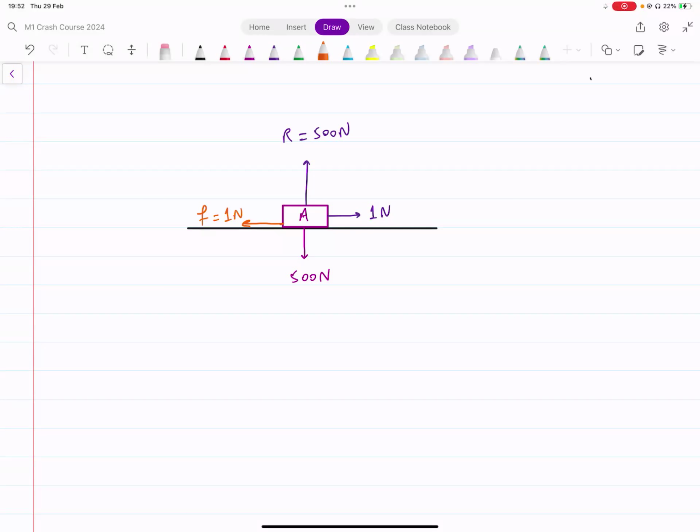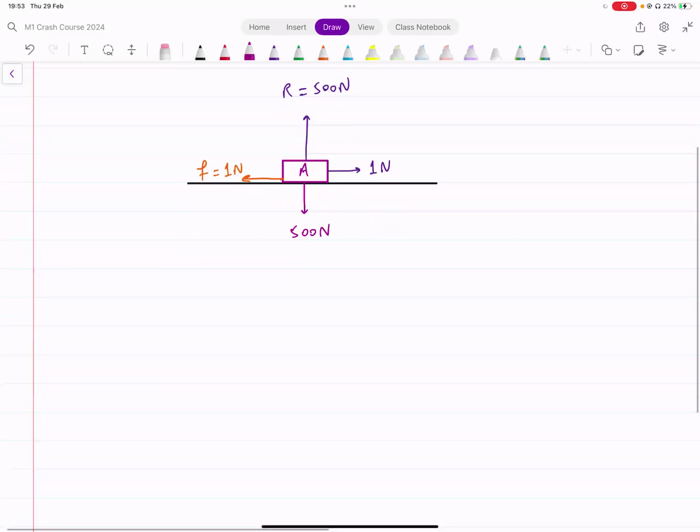So there'll be a force of 1 Newton acting towards the left side in this case that will stop the block from moving. It will stay in equilibrium. You have 1 Newton applying on the right side, 1 Newton applying on the left side by the surface. That keeps the object in its equilibrium position and does not let it move. So this force that resists motion, that stops an object from moving, this force is called friction.